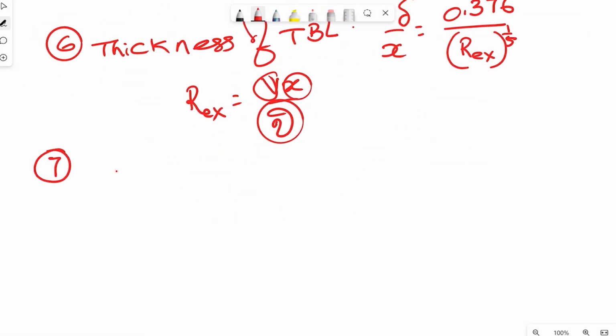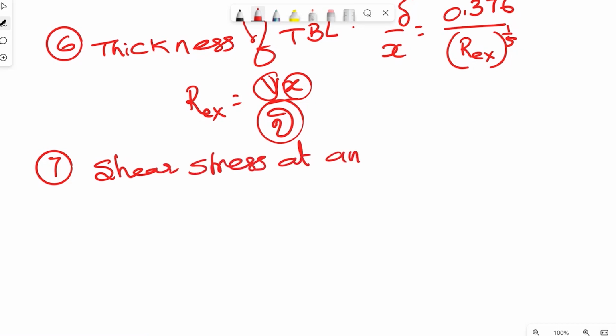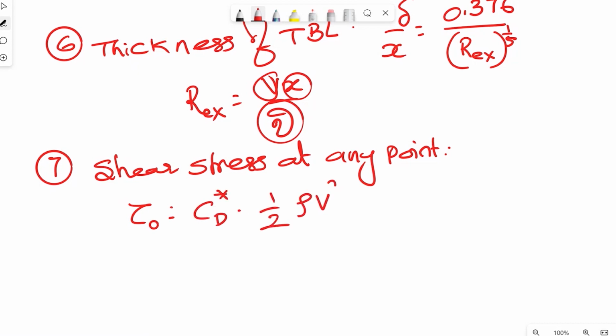Next, what is the seventh? Shear stress at any point. Shear stress at any point tau naught is equal to, the equation is the same, CD star into half rho V square.